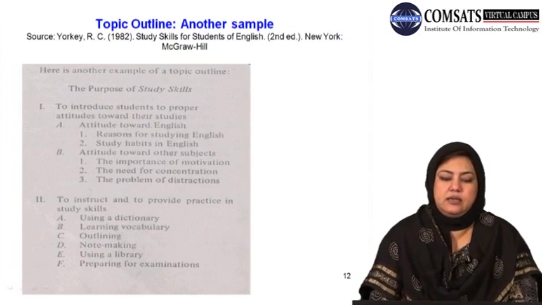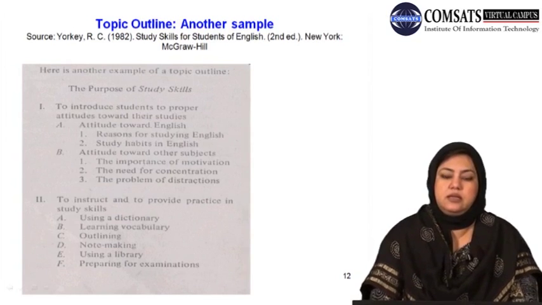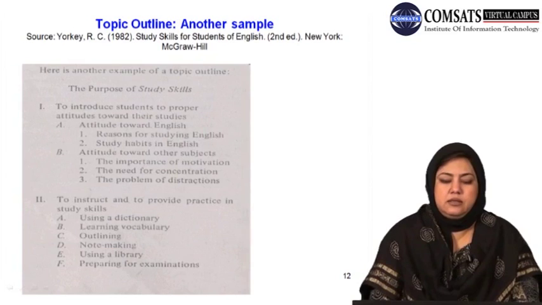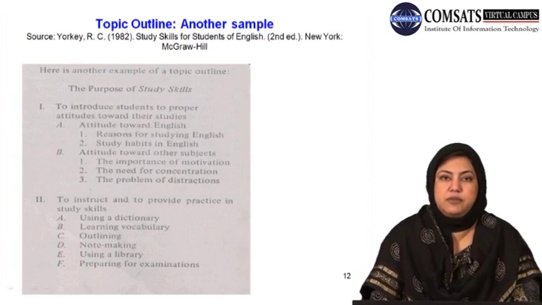In the same way, under the second subheading, that is subheading B, attitude towards other subjects, 3 further subheadings are created: the importance of motivation, the need for concentration, the problem of distractions. However, the writer has felt that the subheadings given under the second main head, that is to instruct and to provide practice in study skills, this area does not need further subcategorization, so these are not mentioned.